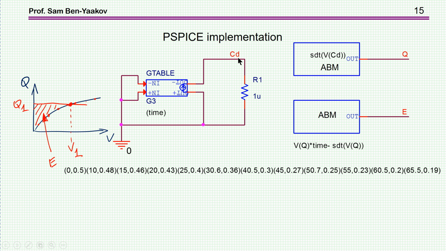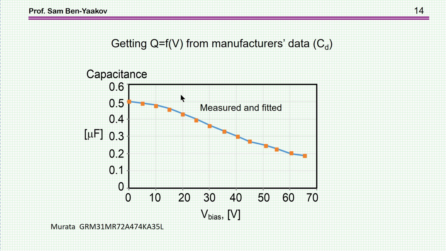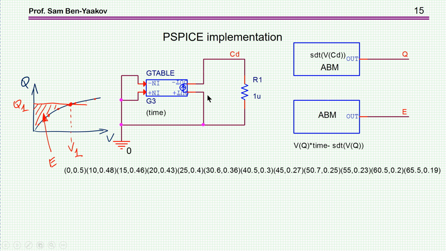So there's nothing special about it, because what I did, I took the information here, got the array, and then reproduced it. What is nice now is that this is a voltage, that is CD, the local capacitance coded into voltage, and I can integrate it to get the charge.